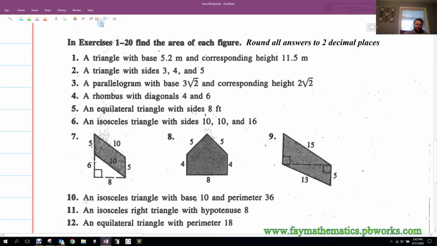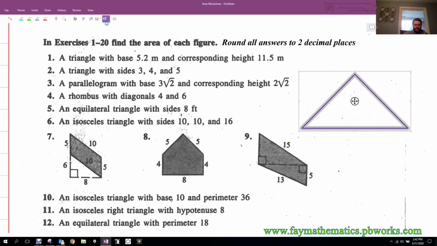Number 5, we talk about an equilateral triangle. Okay, so equilateral triangle. When we have an equilateral triangle, obviously here they're saying the side lengths are all 8, but think about an equilateral triangle. I'm allowed to do that.